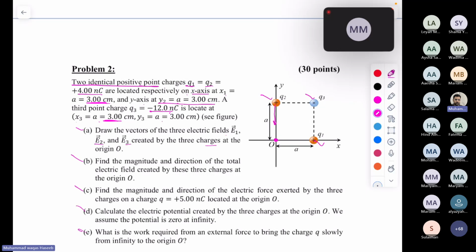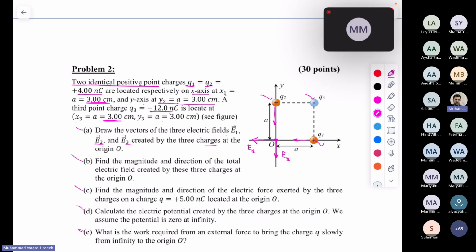The electric field of this charge should be in this direction. So this is your E2. This is also a positive charge, so it also repels, and its electric field should originate from here in this direction. So this is E1.